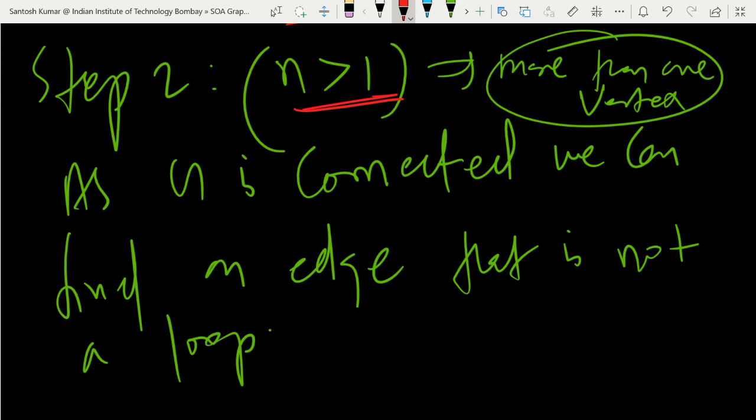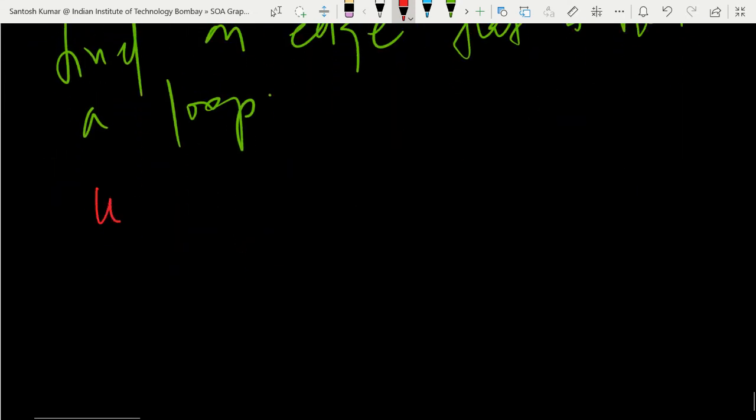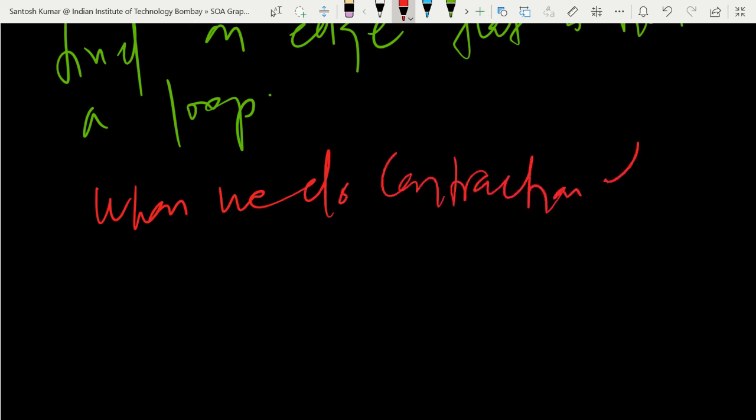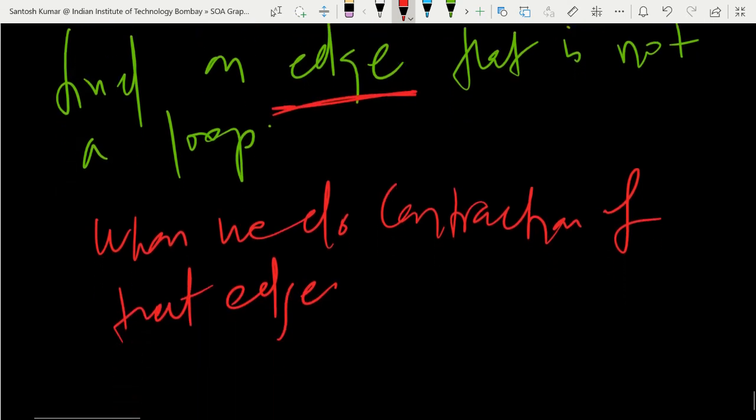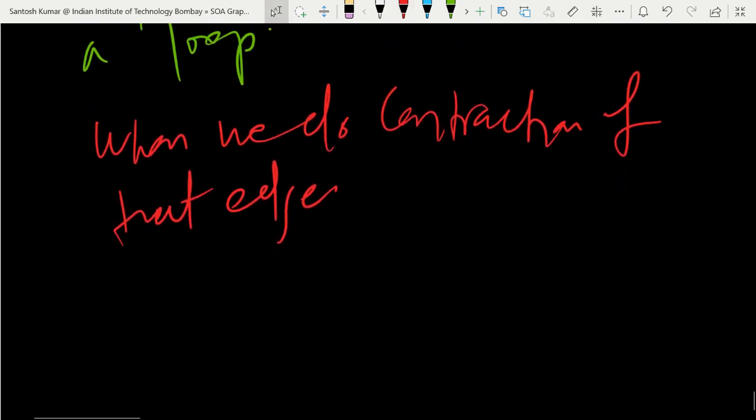So when we do contraction of that edge, what do we get? Whatever the graph is, we are talking in general, but we have taken the case where it has more than one vertex.